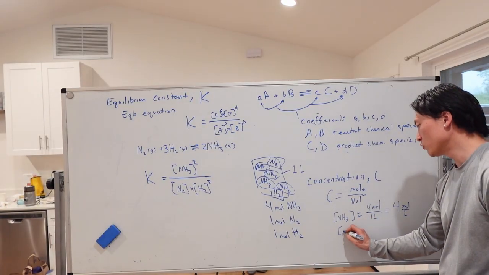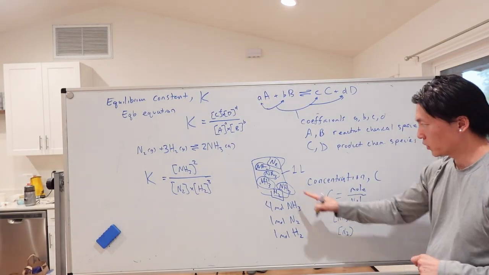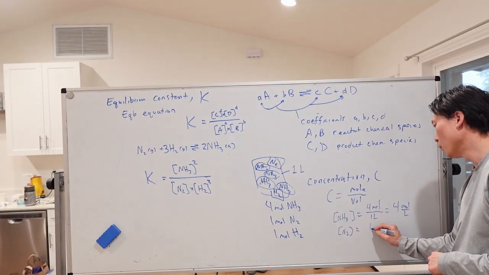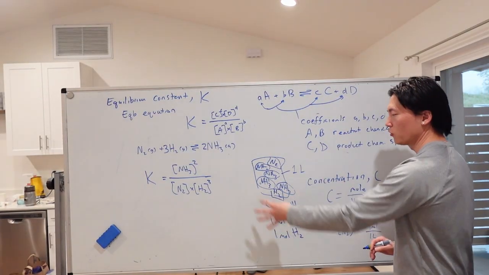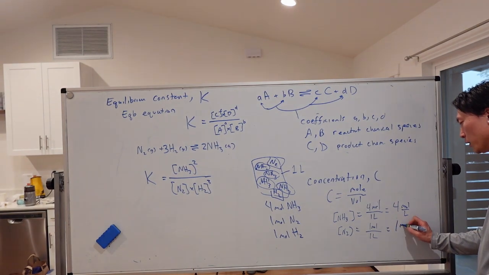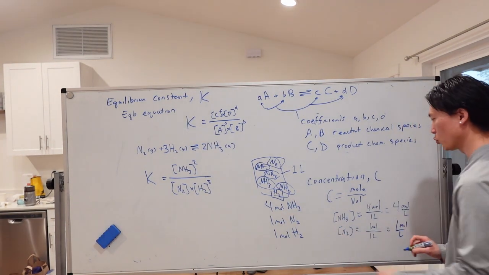We can do this for nitrogen gas as well. From this idealized picture, we can see that there's only 1 N2 mole. So 1 mole divided by 1 liter. They are all inside of 1 liter volume. So the concentration of N2 is 1 mole per liter. And if we do this for H2, we can see that it's also 1 mole per liter.